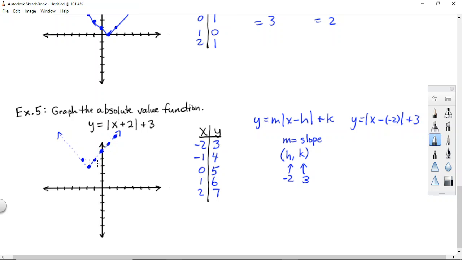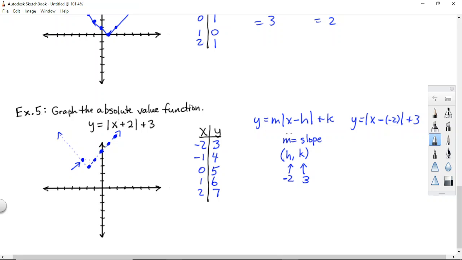That's good. But notice none of those points we just plotted are on the left. We have one on the left that we did. Maybe I should have done those a different color. Oh well. That one right here, that's not from these points. That just came from using the slope being 1 that we used in standard form, right? We said, well, what's the slope that's outside the bars?